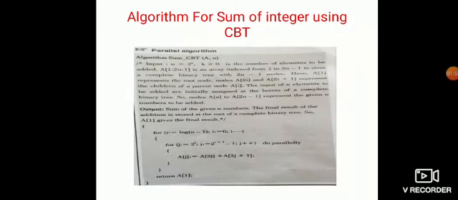Now, the algorithm for the sum of integers using a complete binary tree. In this algorithm, let n equal 2 raised to k, where k is greater than 0, be the input size of the problem. Assign the n integers to be added at the leaves of a complete binary tree. After that, add all leaf nodes concurrently and store the partial results of the additions at the respective internal nodes.